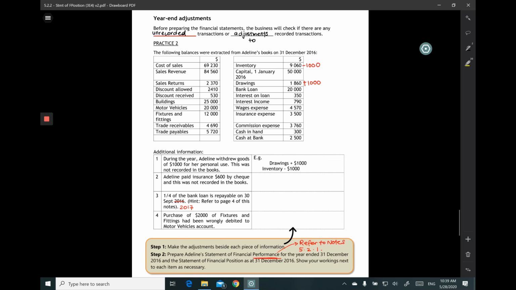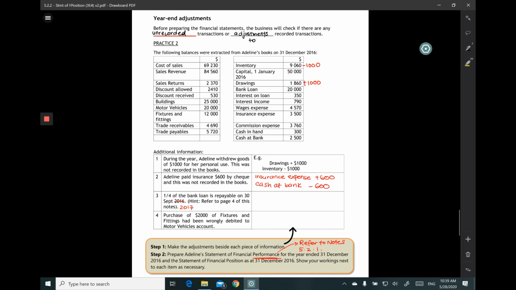Next, it says here Adeline paid insurance of 600 by check, and this was not recorded in the books. So the adjustment for this is for you to first increase your insurance expense, because you have used the insurance, plus $600, and since you are paying for the insurance by check, your cash at bank would have gone down by the same amount.